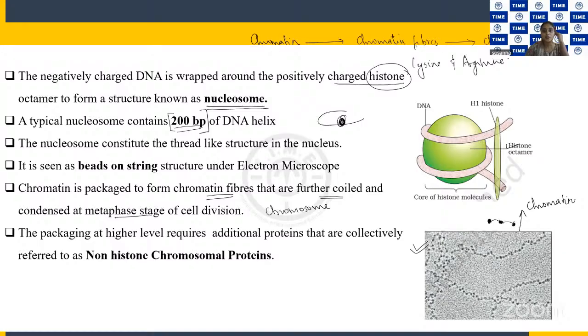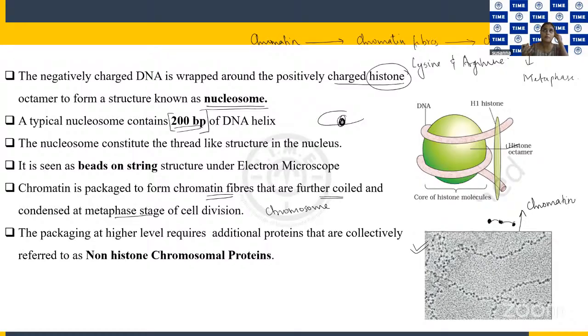And in which stage of cell division can we find this chromosome? In the metaphase stage of cell division. That is when it's fully condensed, the cell is going to divide and the chromosomes start to align at the metaphase plate.